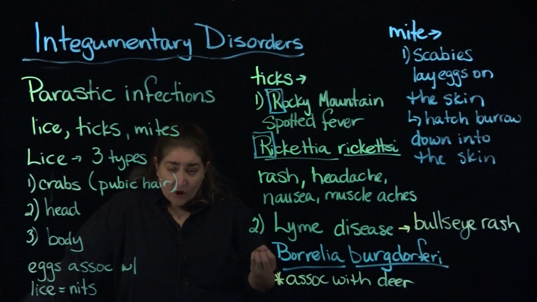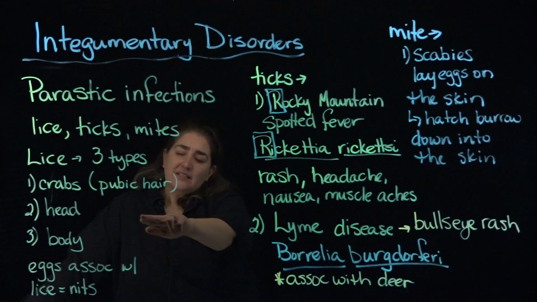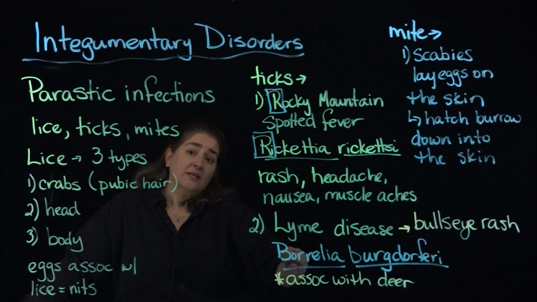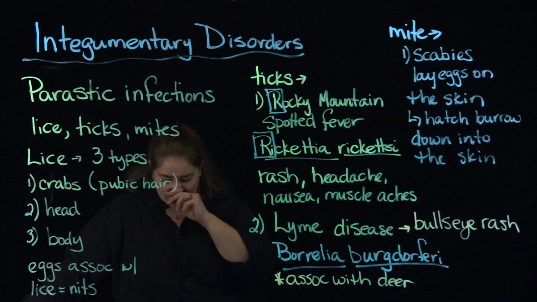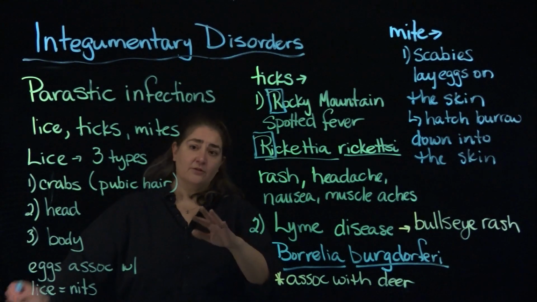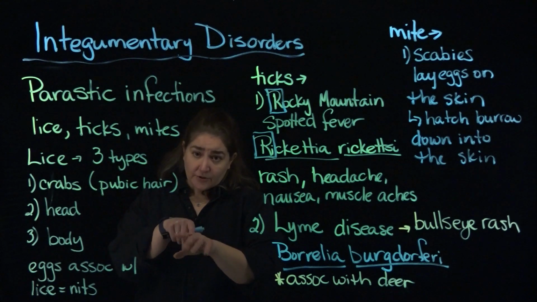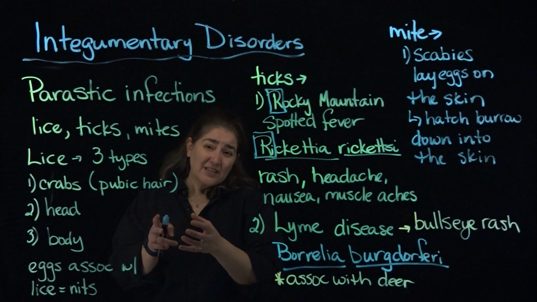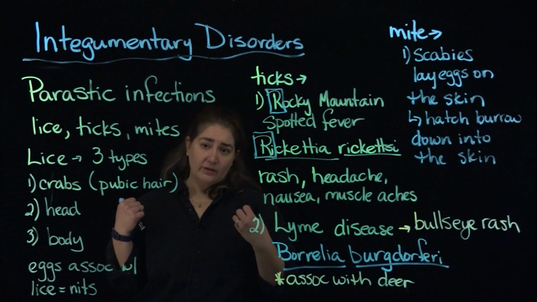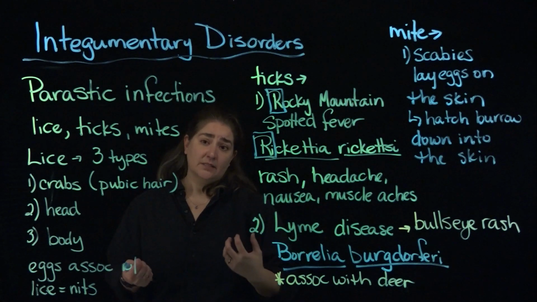They tend to be small, and when you have a mite infection with scabies, you tend to see something very linear that comes out of it because of the way the parasite burrows into the skin. Okay? They tend to prefer areas like the hands, the fingers, in between the fingers, the toes. Also tend to infect genital regions as well. And with the treatment of that, you've got to get rid of the parasite itself.